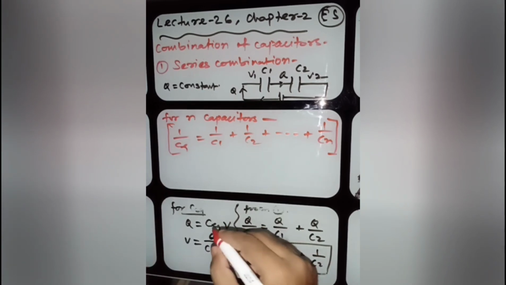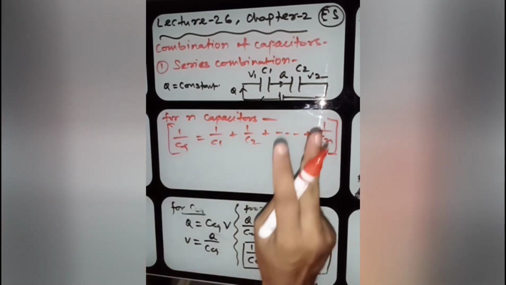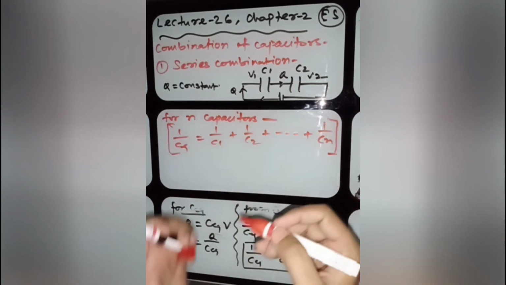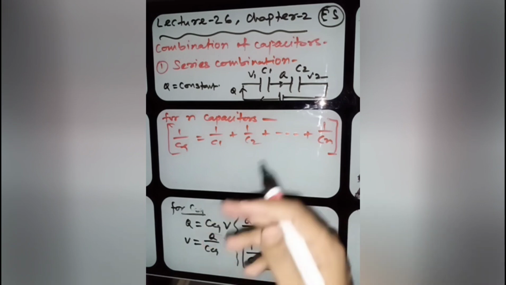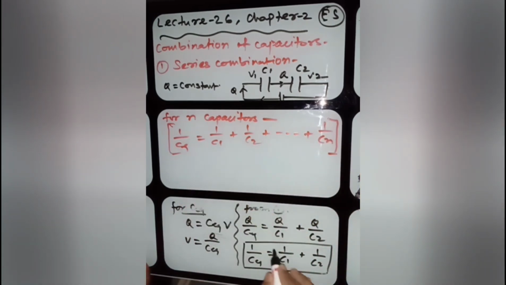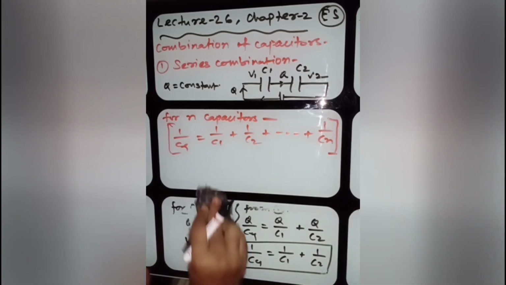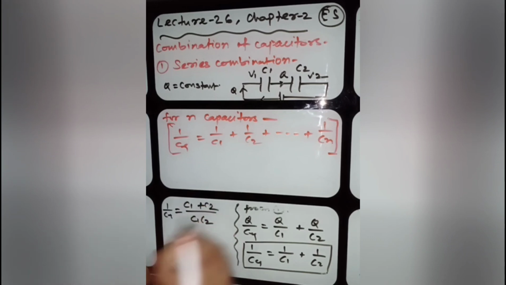If we talk about the capacitance for two capacitors, we should remember this formula, which is important because for two capacitors you will use this formula many times. Let me write it here. 1 by C equivalent is C1 C2 LCM and above C1 plus C2.